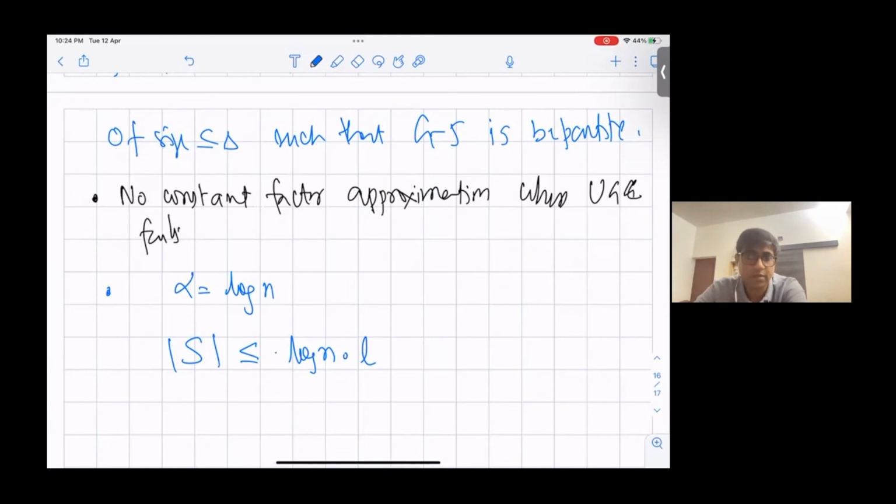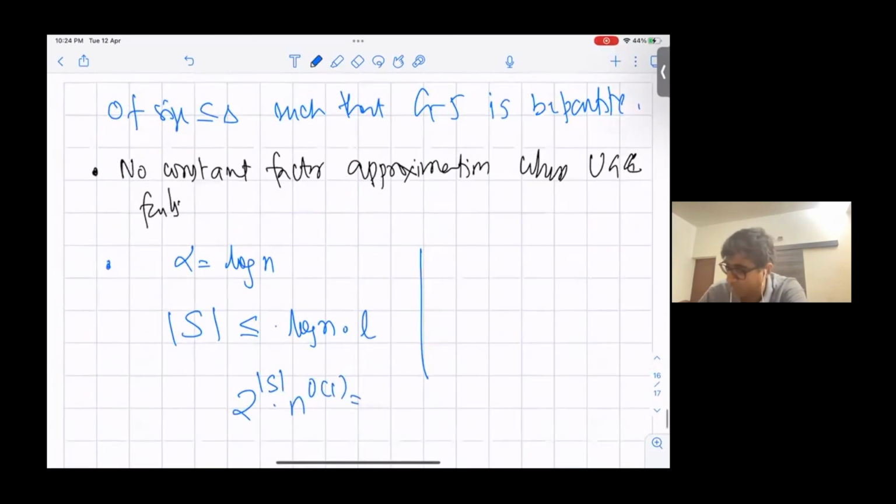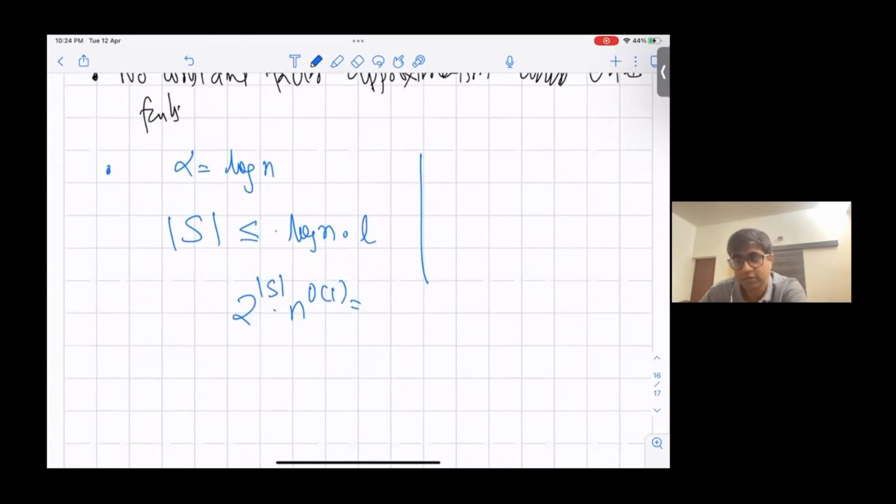Okay. And then if we do 2 to the power |S| times n to the power big O of 1, then this is 2 power, is that fine?